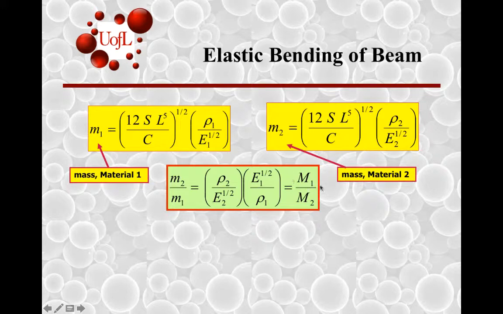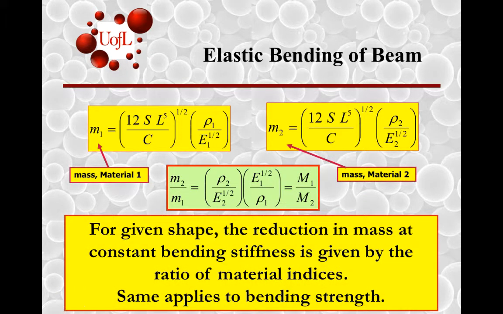Right? Material index of the first material divided by the material index of the second material. So for a given shape, the reduction in mass at constant bending stiffness is given by the ratio of material indices. Same thing applies to bending strength also.